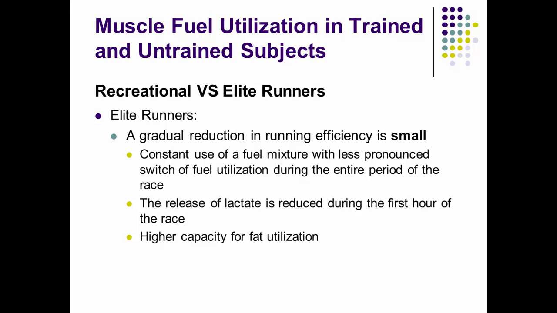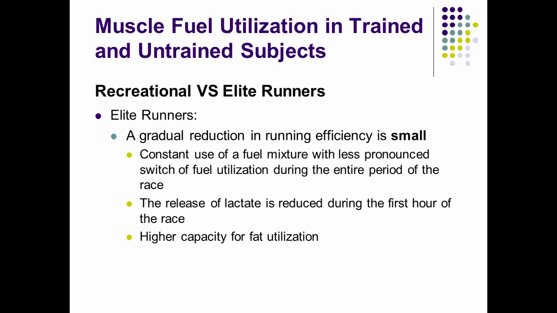Yes? On the slide before this, where it says capacity for fat utilization is small, is that within the first hour? Or is it talking about when it switches to more fat and less carbs after a long time? Right, you mean the recreational runners? Yeah.